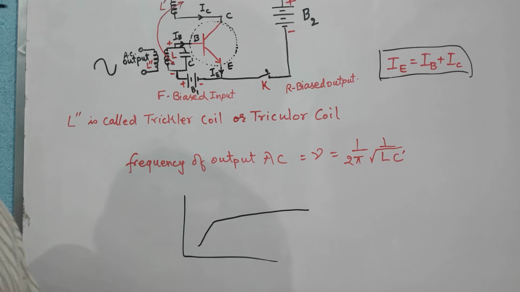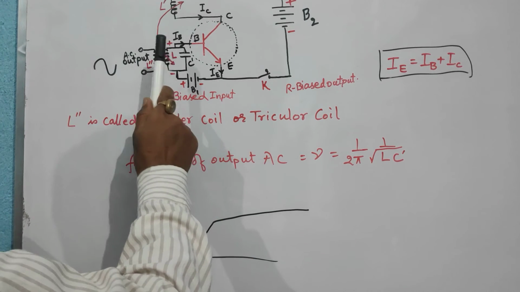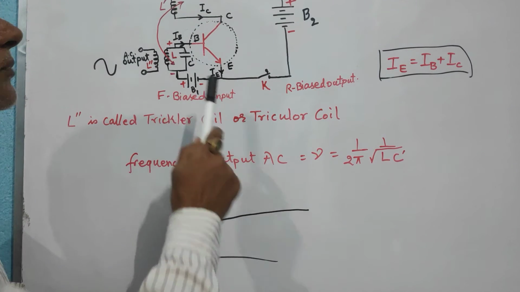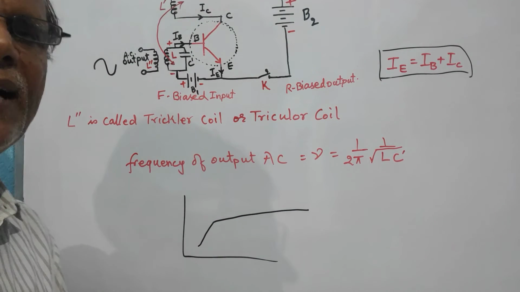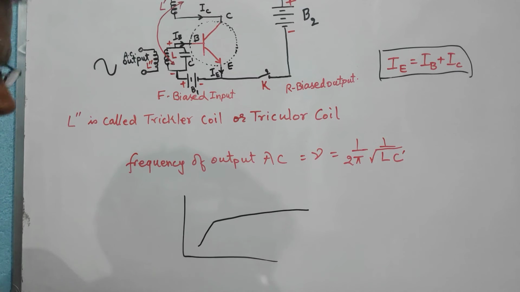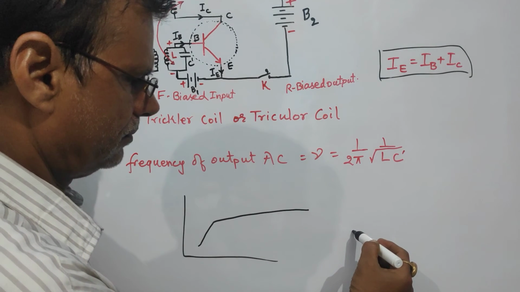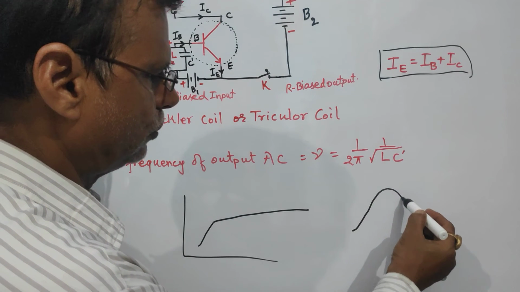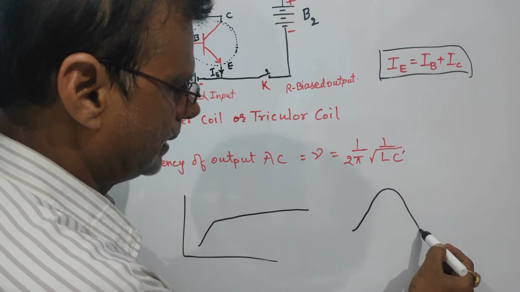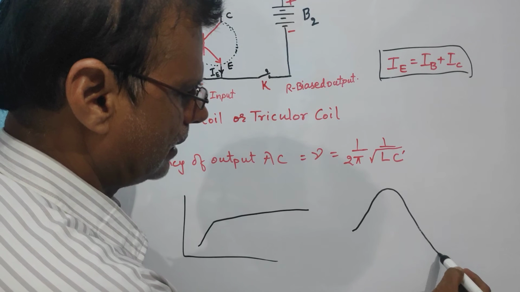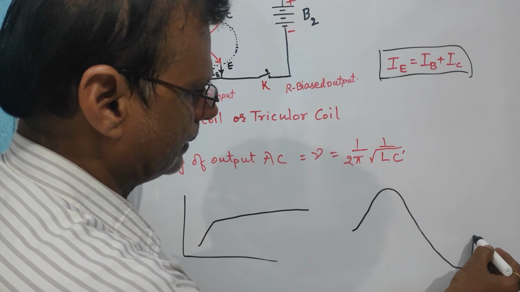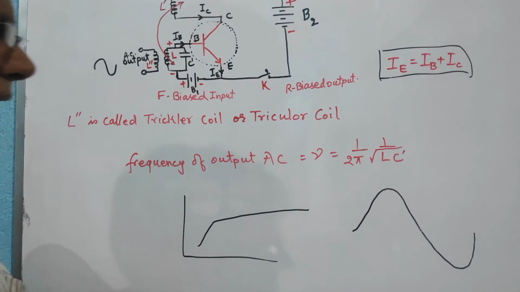So what you see is the EMF across L continuously keeps varying, starting from 0, having a peak value, then becoming 0, and then finally having a peak value in the reverse direction, and the whole thing repeats like this.